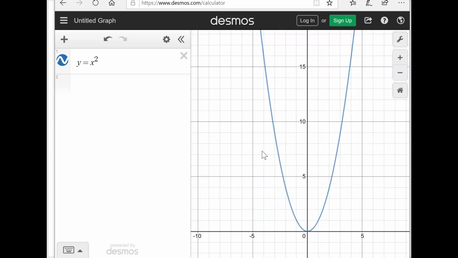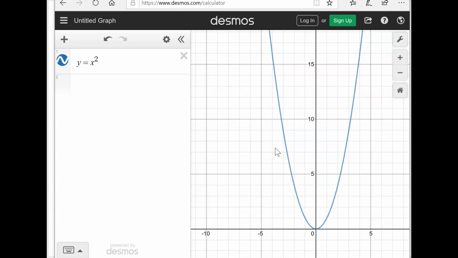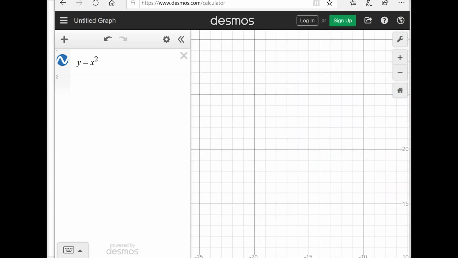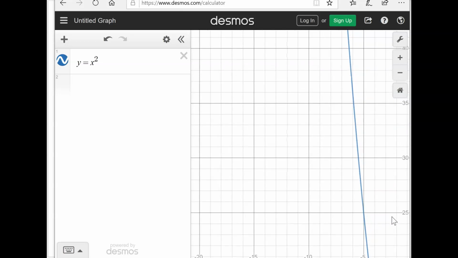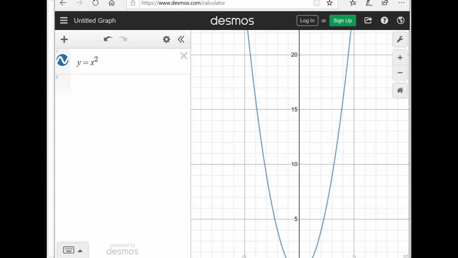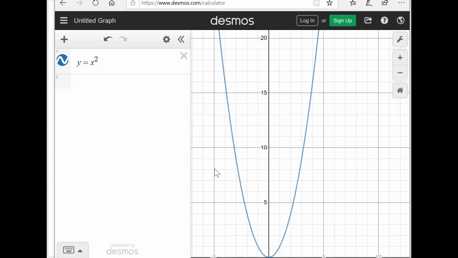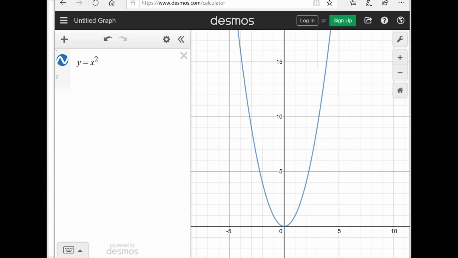I know it's hard to see. If I asked you, is there an x of negative 100? Right now on the screen I can't see that because it only goes a little bit past negative 10. But is it possible? And the answer is yes. If you kept moving it sideways, this graph keeps going on and on forever in that up-left direction. So eventually it would. There aren't any x values that I can see that this function would not be possible for.